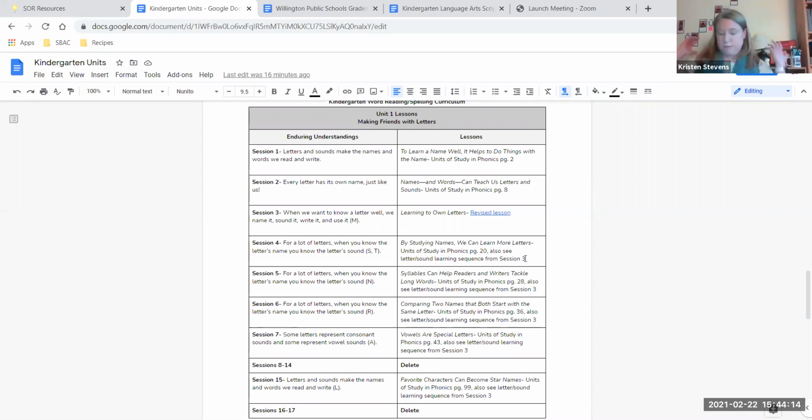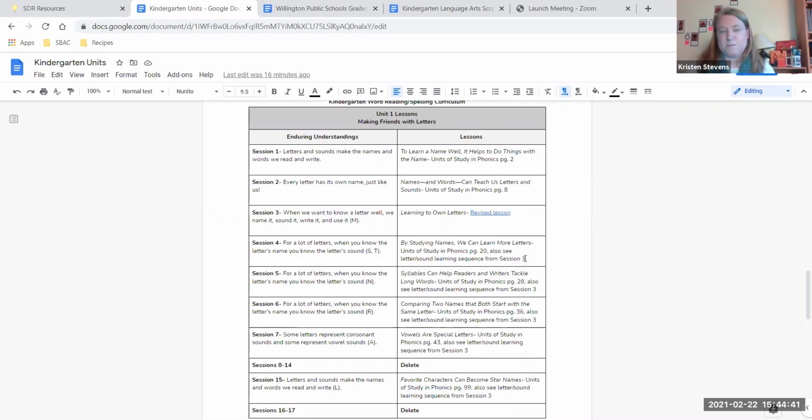It might be easier, to be honest, with grades 3 through 8, because I'm already using materials that I would insert into a lesson, so I don't have to take something apart and then build it back up.